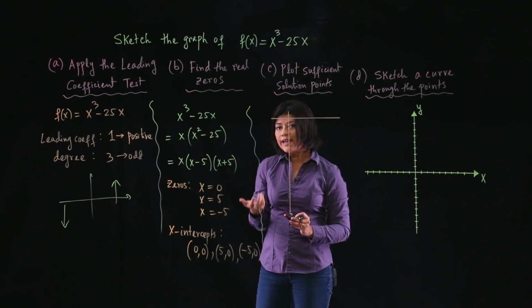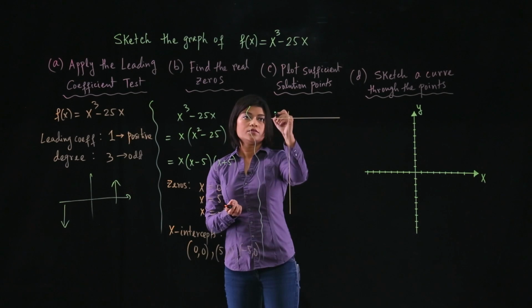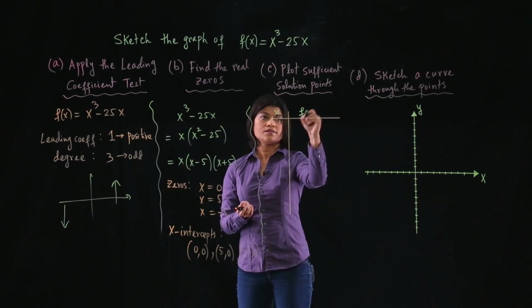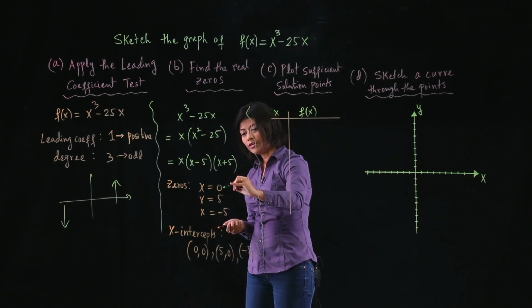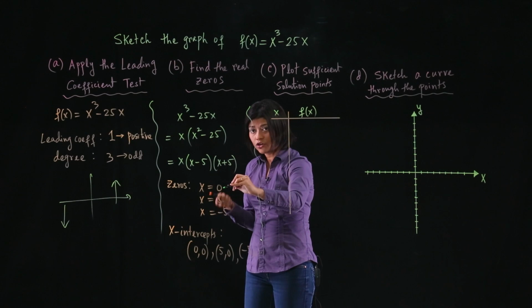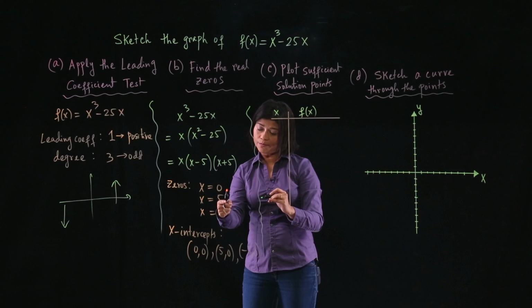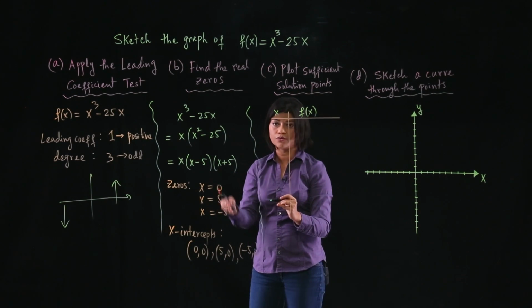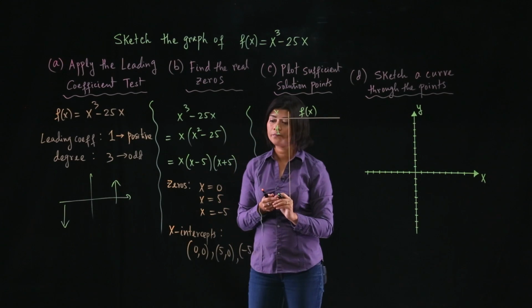So we would like to know what is happening between those points. So let's find some points on the graph. We know that at x equals 0, the function will cross the x-axis, and at x equals 5. So let's choose a point in between them, between 0 and 5. So let's choose, say, x equals 1.